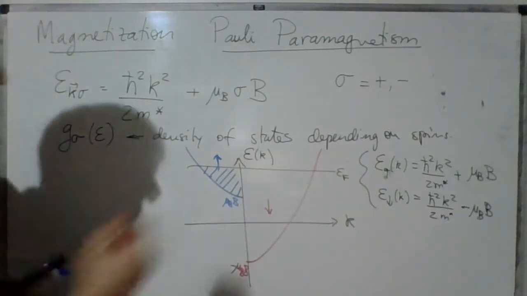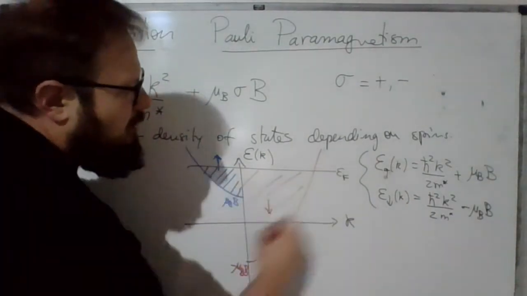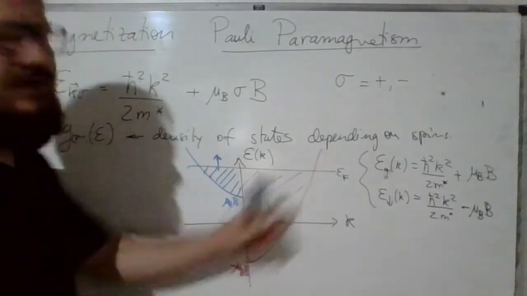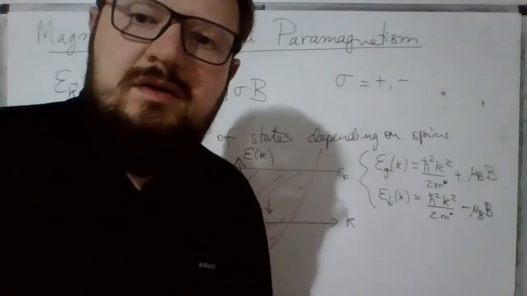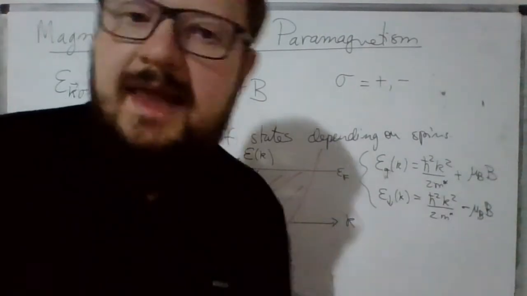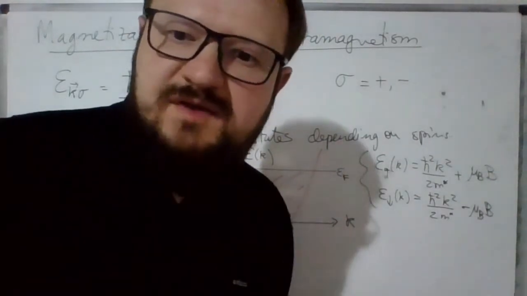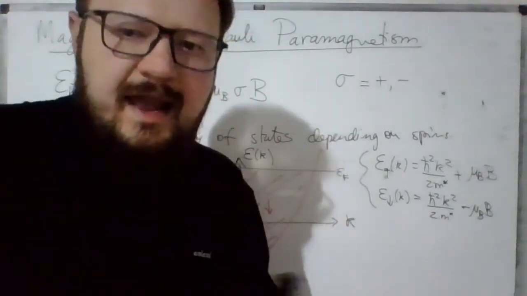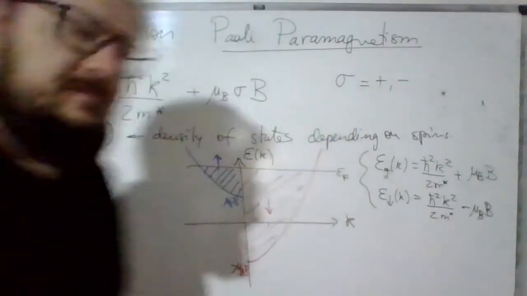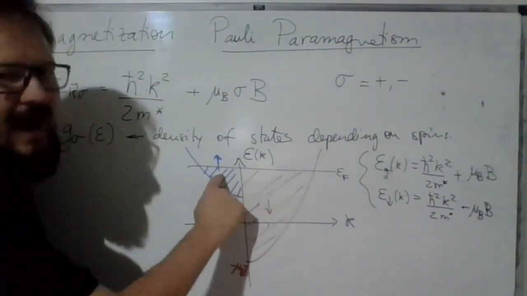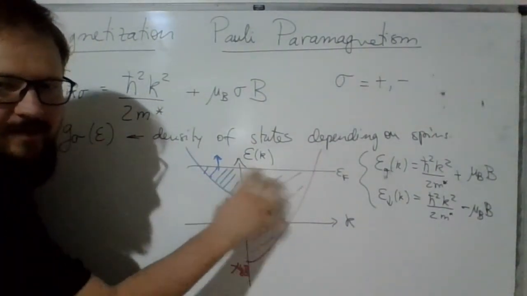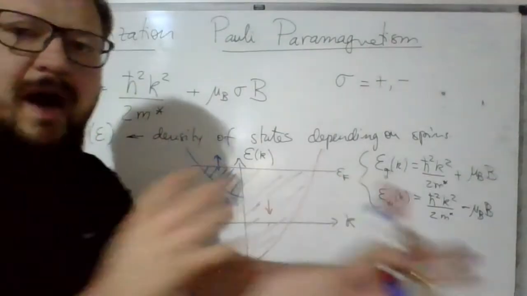And the down spins are now more numerous because it's more advantageous for a particle, for an electron, of course, because it has a negative charge, to be anti-aligned to the magnetic field. And therefore, you'll have more down spins than up spins. Okay, the population now is unbalanced.